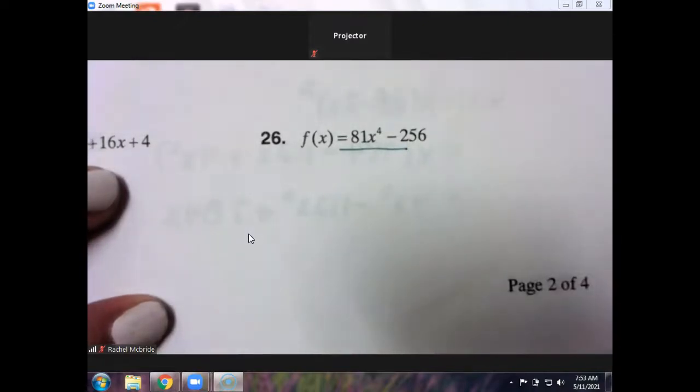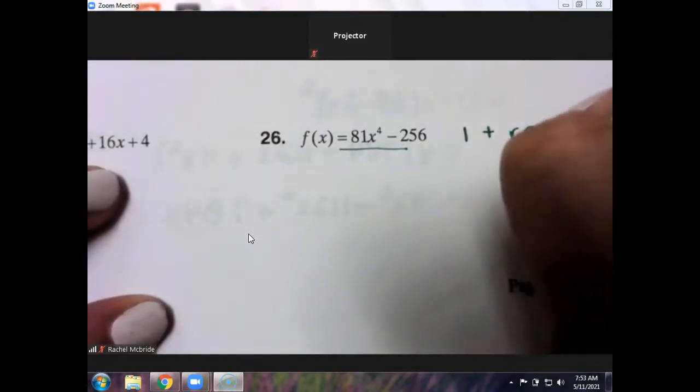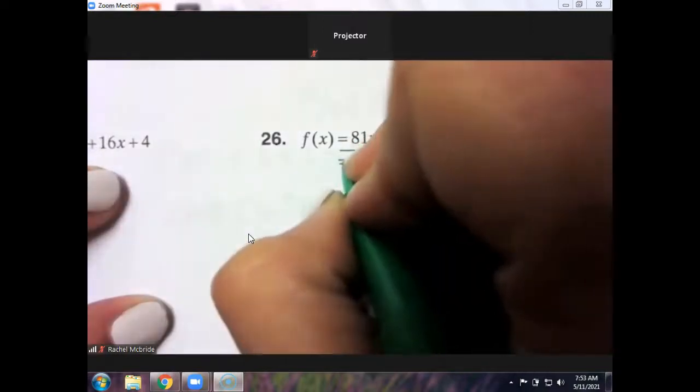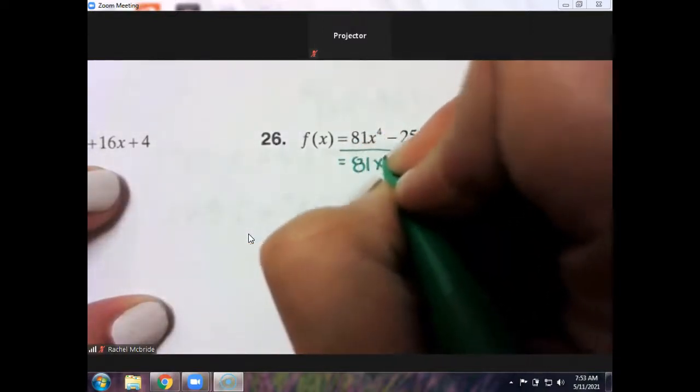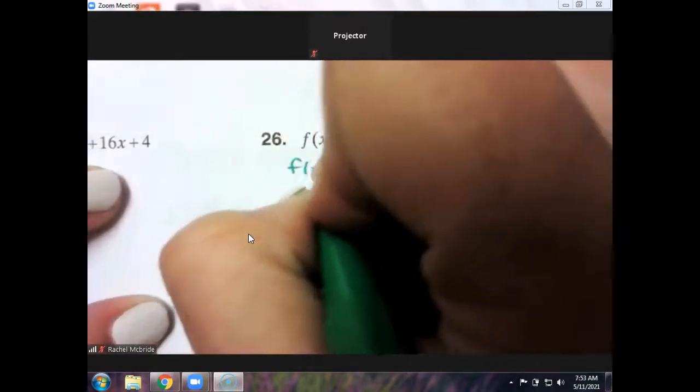So that tells me I have at least one positive real. If I plug in a negative x, I end up with the same answer.